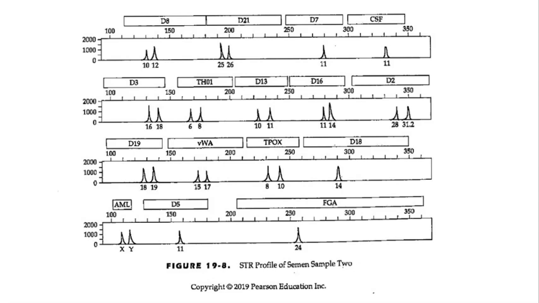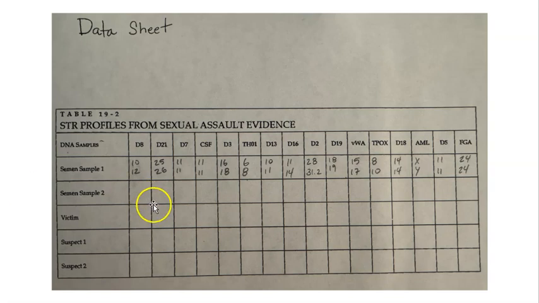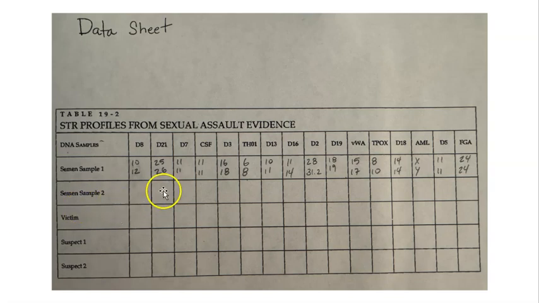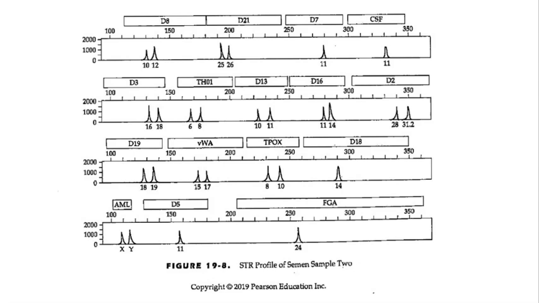I look at the D8 locus and note that there is a peak at 10 and 12, so in my data sheet I record 10 and 12 for the D8 locus. At the D21 locus, I see that 25 and 26 is present, so I also fill out 25 and 26 there. I would continue that until I had a complete STR profile for semen sample number 2.